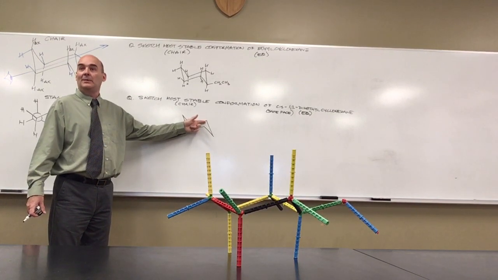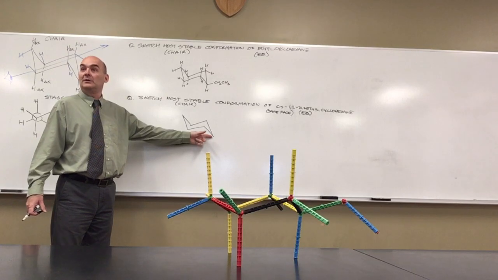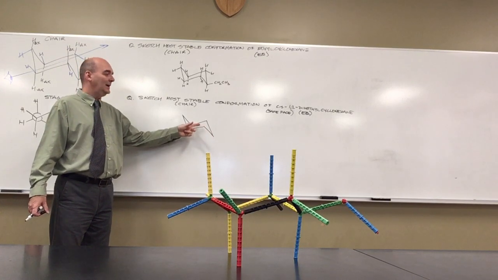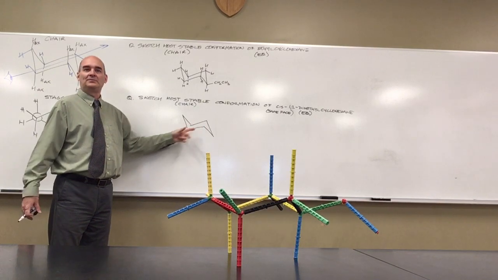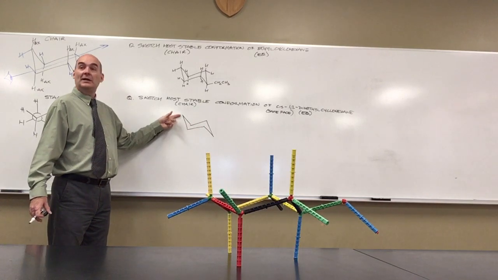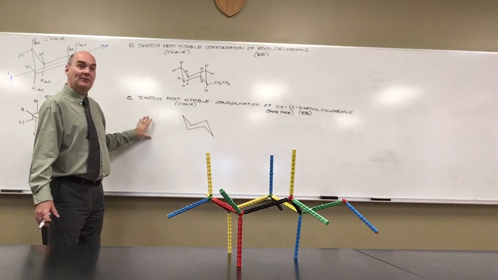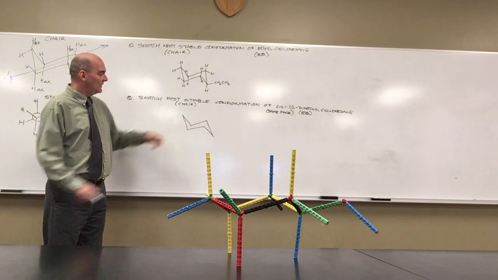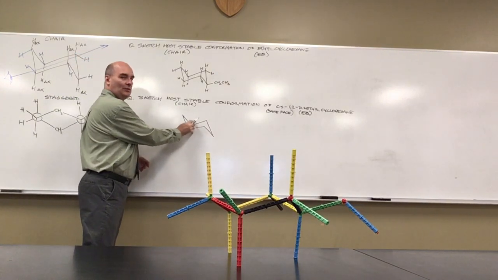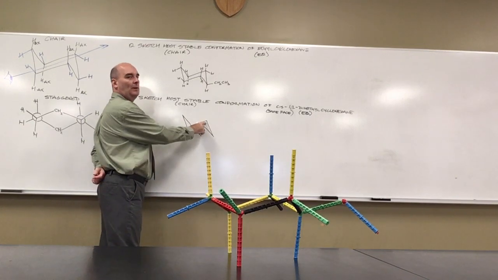I have no problem with that being carbon number 1. What about this one? That would be fairly good at being carbon number 1. That's not as good. That would be okay because it would leave that here. So something that pushes away from the ring and is clearly legible, good idea. Something that gets jammed in with all the other stuff at the back, bad idea. I'm going to make this carbon number 1.